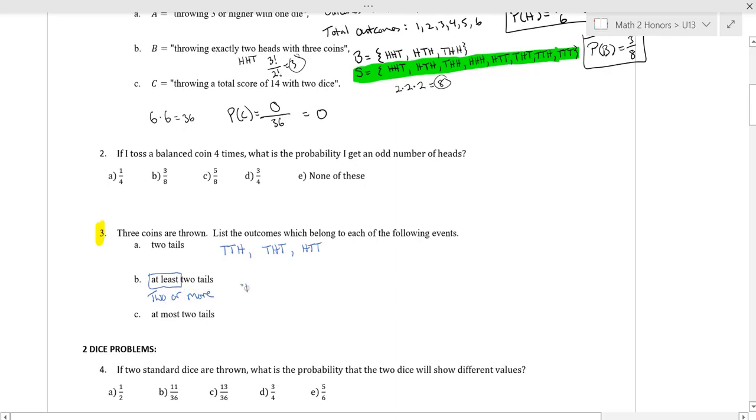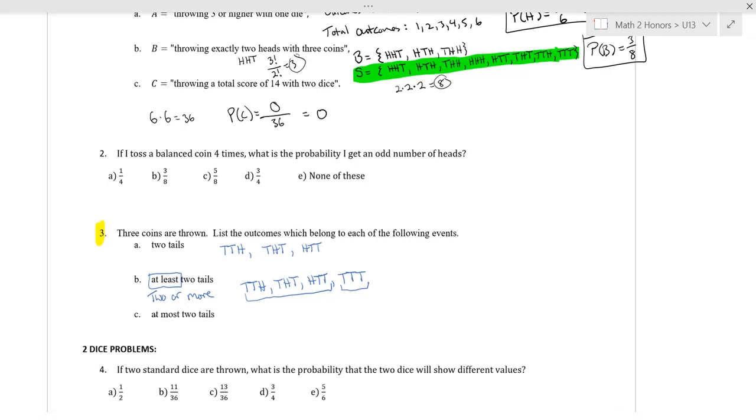So you'd have the tails, tails, heads, where you have 2. I'm just copying down what I have in A, and then I'm going to add one more, which would be 3 tails, tails, tails, tails. And so you have the case where you have 2 tails, and you have a case where you have 3 tails. You can't get more than 3 because you're only flipping 3 coins. So 2 or more. At least means that much or more.